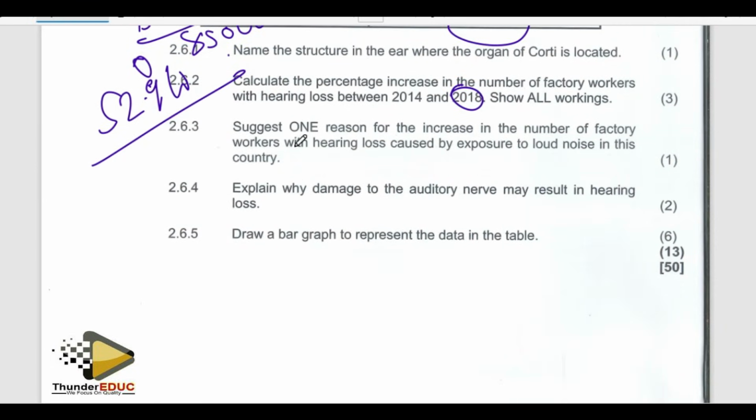Anyway, let's go. They're saying: suggest one reason for the increase in the number of factory workers with hearing loss caused by exposure to loud noise in this country.